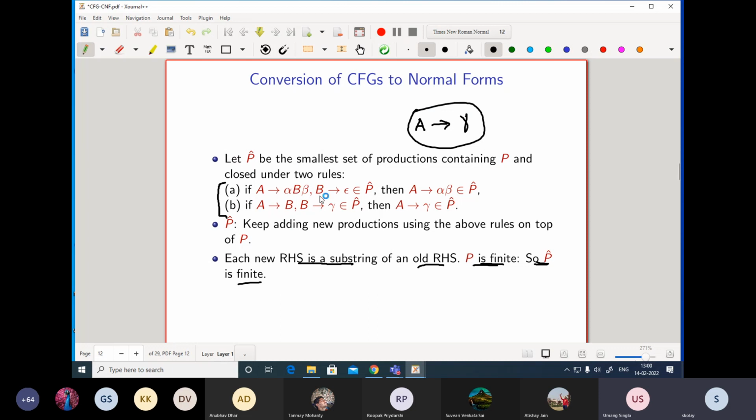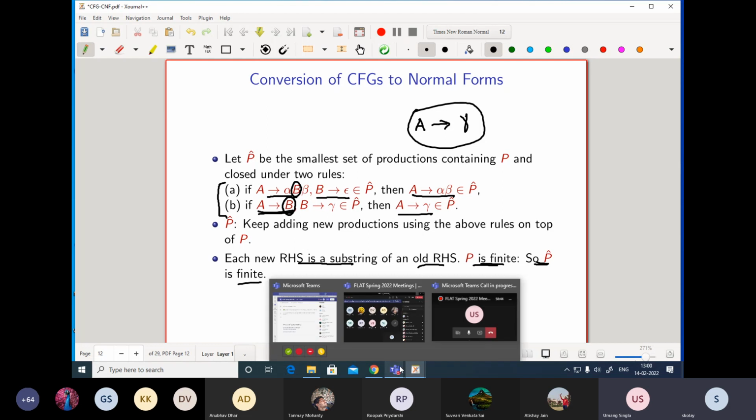If you notice the rules, basically we are trying to eliminate all these B's that led to epsilon derivations, and also get rid of this A going to B, where B is a single production. We are replacing this by A going to gamma. And if there was a B that was going to epsilon, we are replacing this by A going to alpha beta directly.